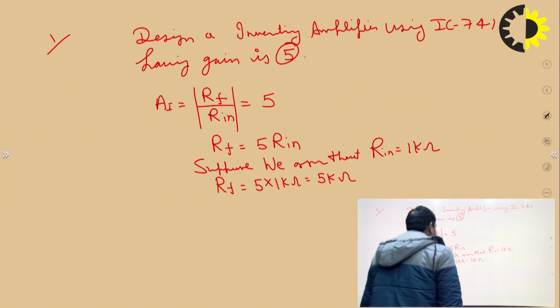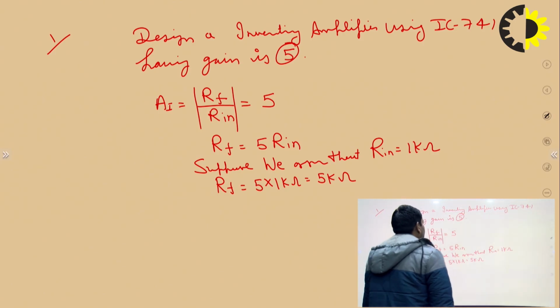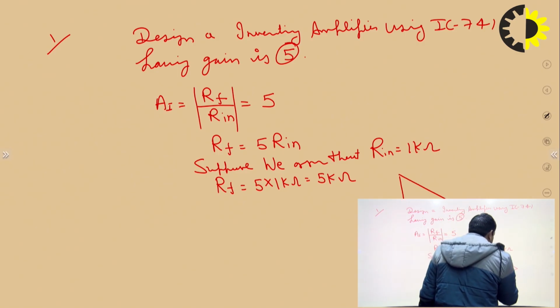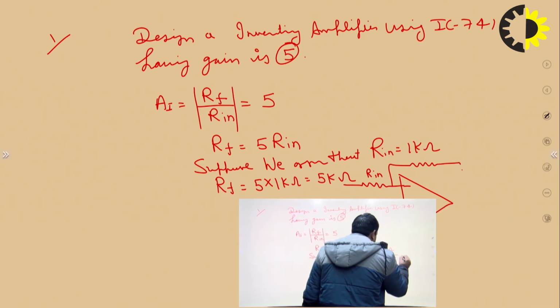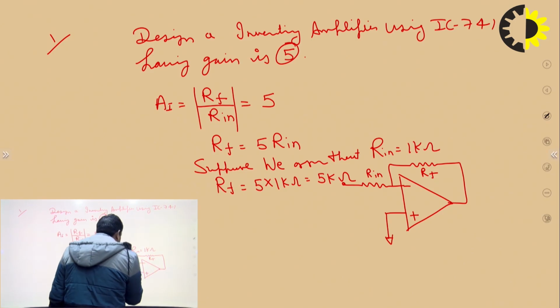So if we use a feedback resistance of 5 kilo ohm and the input resistance of 1 kilo ohm, they provide a gain of 5. So we design it very easily. This is the op-amp, this is the inverting and this is the non-inverting terminal, this is R in, this is the feedback resistance RF, and this is ground, and this is the input voltage.